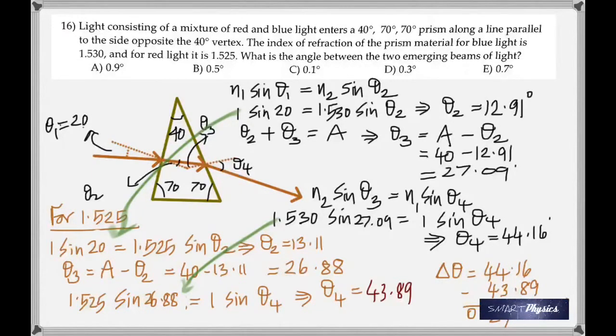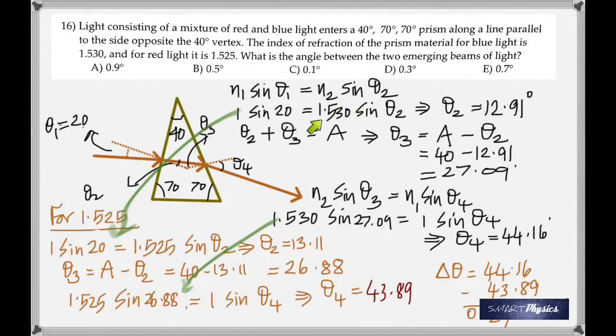Now, since the ray is parallel to one of the sides, from the geometry of this diagram, this is 20 degrees. This is 70, and the total angle here is 90, and therefore this must be 20 degrees. Now, knowing that it's 20, N1 sine theta 1 is N2 sine theta 2.